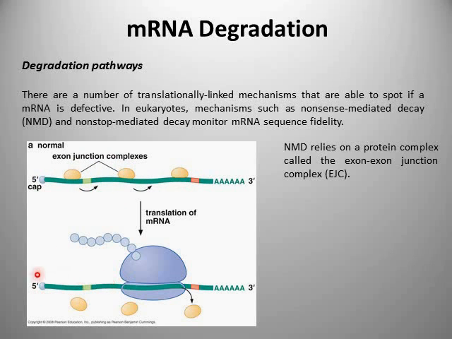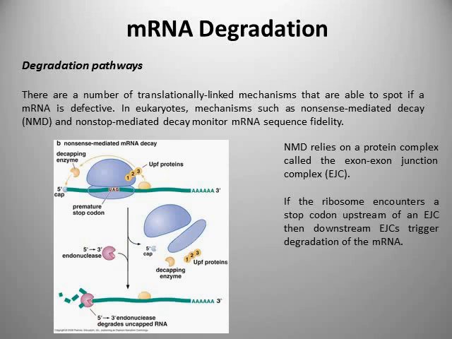As that mRNA is translated by the ribosome, these exon junction complexes are kicked off of the mRNA. Eventually the ribosome will move along the entire length of the mRNA, removing all of the exon junction complexes, and then it will encounter the termination codon, the stop codon here, which is a signal for the ribosome to stop making protein and to dissociate and release its polypeptide chain.